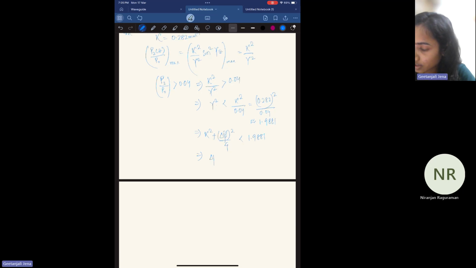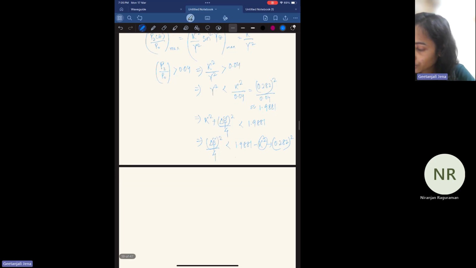So just rearrange the equation. This is 1.9881 minus kappa square, where kappa square is 0.282 square. So overall, this will come around 1.908576.